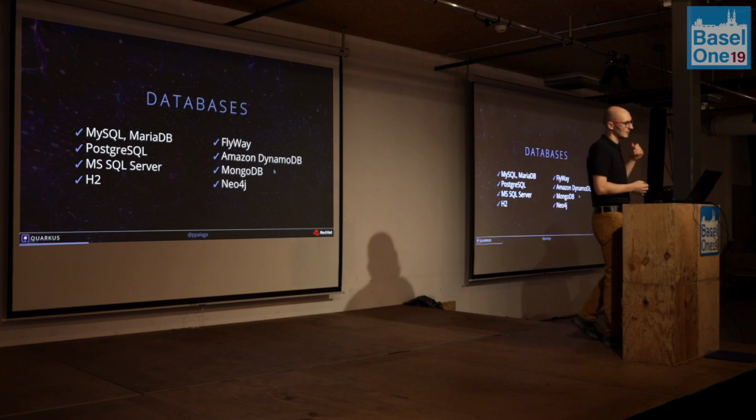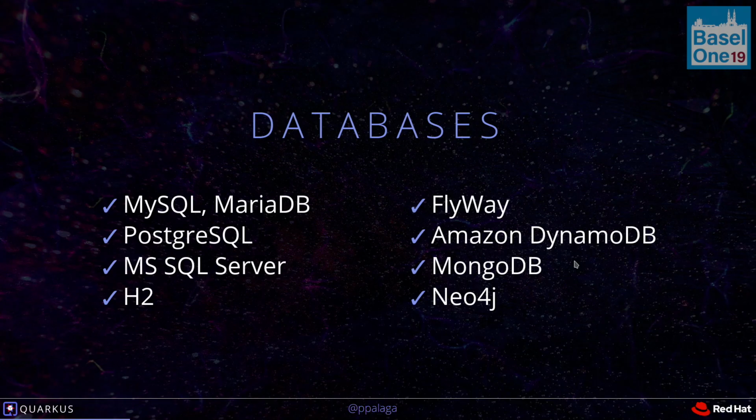And there's also a nice support for many, many databases. There are extensions for JDBC drivers of databases you see here on the left. And there's also support for Flyway, for database schema migrations, for DynamoDB, MongoDB, and Neo4j.